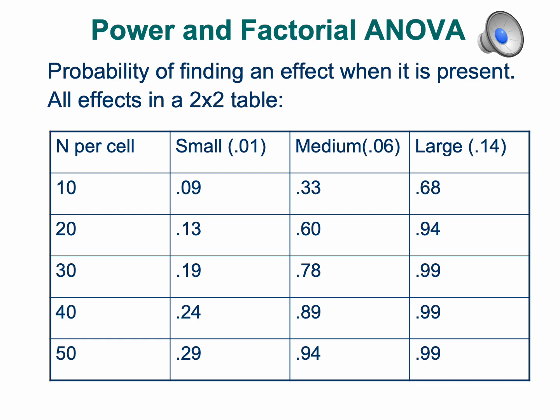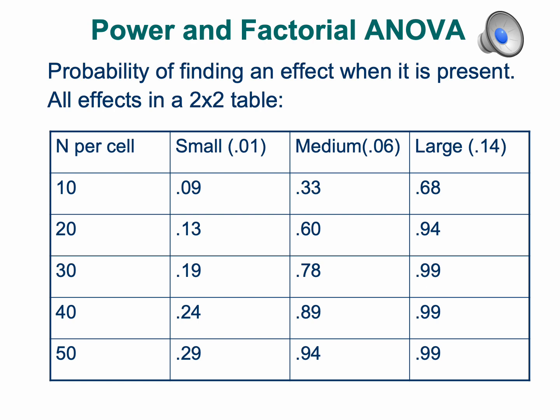As you might imagine, if you have a large number of subjects, you more reliably measure the means that are in each cell. And so if there is an effect there, you'll be able to find it easier if you have lots of subjects. Now you can see, however, there's a certain point at which having lots of subjects isn't helping anymore. If you go over to the large effect size, look down that column, you can see that once you reach 30 subjects, having more subjects isn't really reducing any.